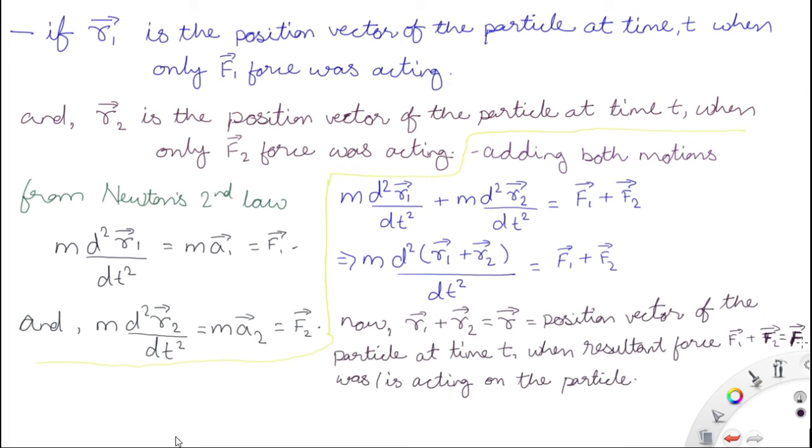So this is the resultant displacement that will happen to the particle. This is r, which is an effect of the composition of the two forces that combine to give one force. F1 and F2 will combine to give one force F, which will give acceleration A at position vector r.